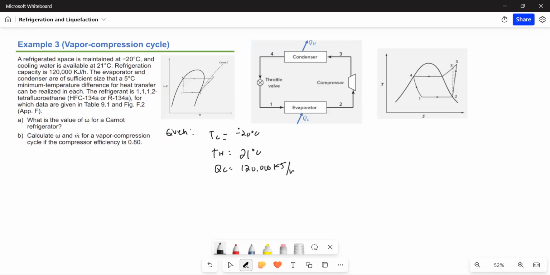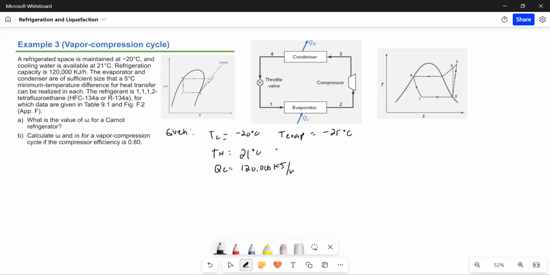And the evaporator and condenser are of sufficient size that a 5-degree minimum temperature difference for heat transfer can be realized in each. And so therefore, we can write that T evap or temperature in the evaporator is, if the delta T is 5 degrees, then the temperature in the evaporator should be negative 25 degrees.